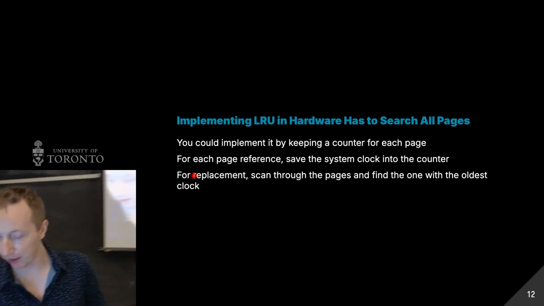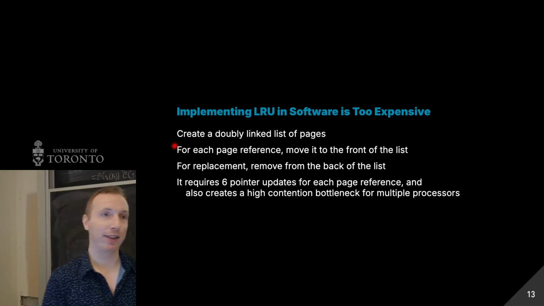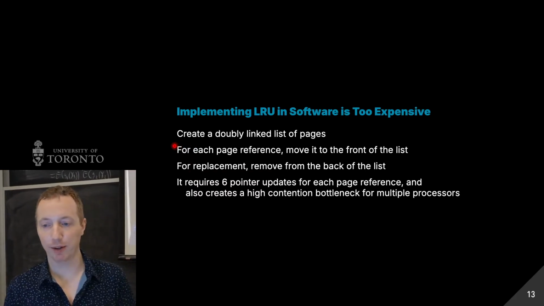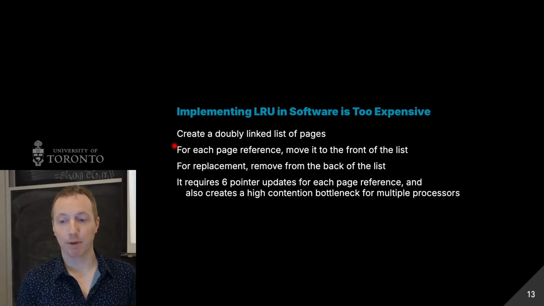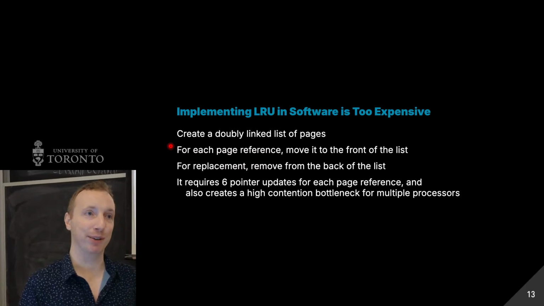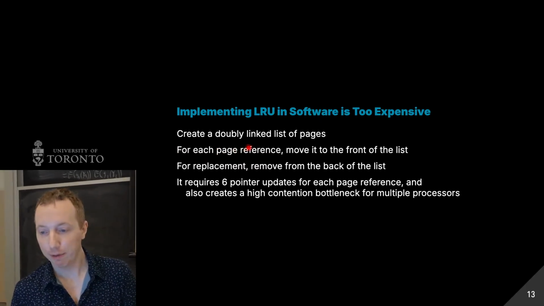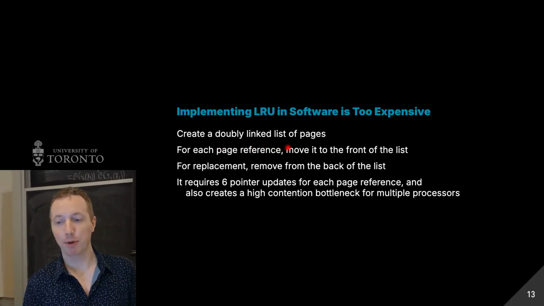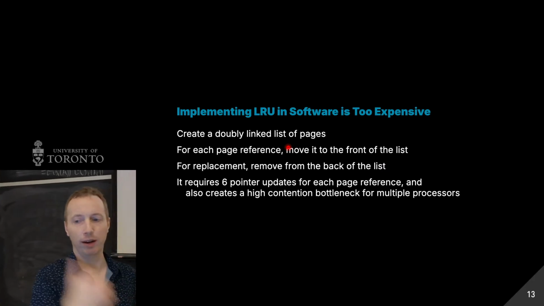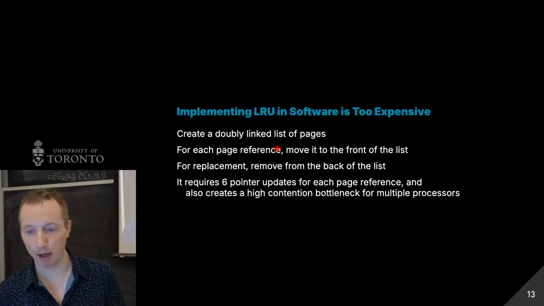Well, turns out that is also bad to implement. Computer science-y tells you that's probably a good thing to do, but for each page reference, that's every time you are accessing memory. So you want that to be as quick as possible. In this case I'm having recent things at the front of the list, least recently used at the back, but as long as you're consistent, it doesn't matter.